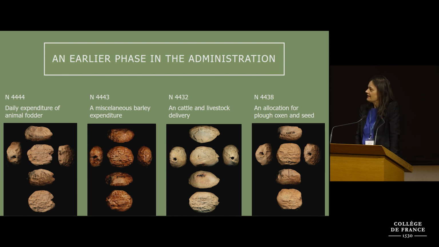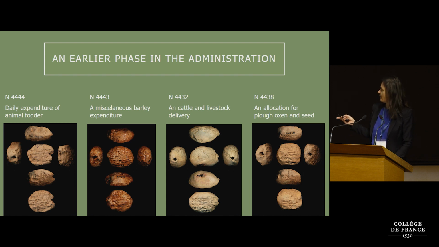So the exact same types of documents are also recorded on bullae in this system, which was also recently discussed by one of our esteemed organizers, of strings of administration. In that case, only the day is marked, of course, because I think there are monthly strings in the case of the animal fodder.